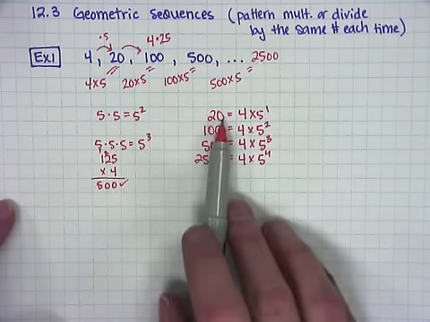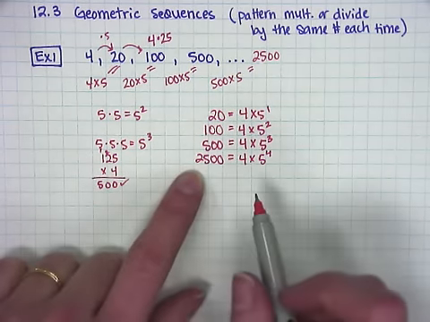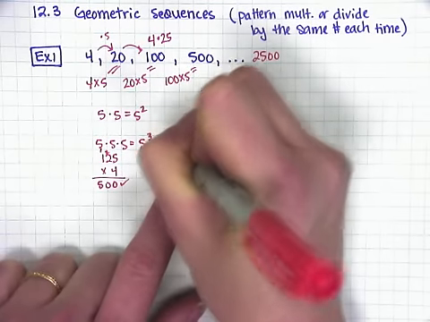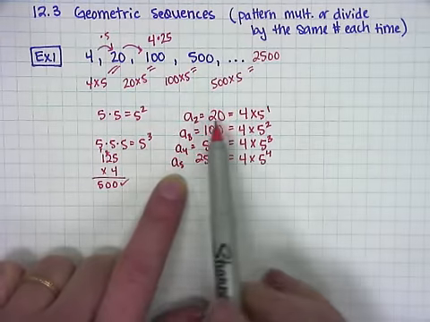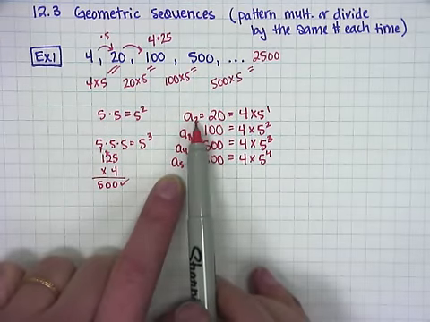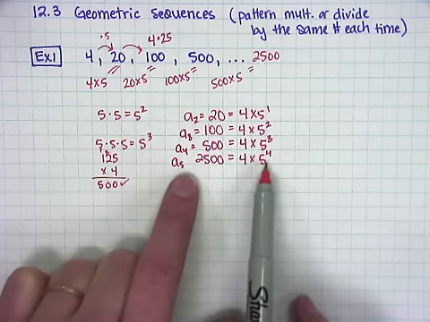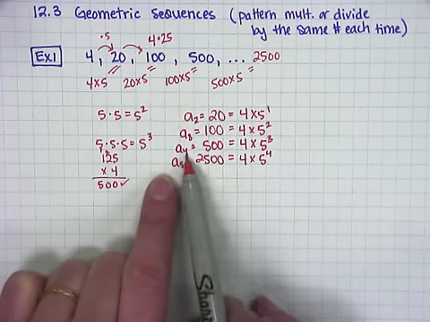So now each one of these, the 20, the 100, the 500, the 2500, these are all a subs, right? This is my a sub 2, this is my a sub 3, my a sub 4, and my a sub 5. And notice each time, the 2 and the 1, 3 and 2, 4 and 3, 5 and 4, these powers are all 1 less than the subscript that you're talking about.